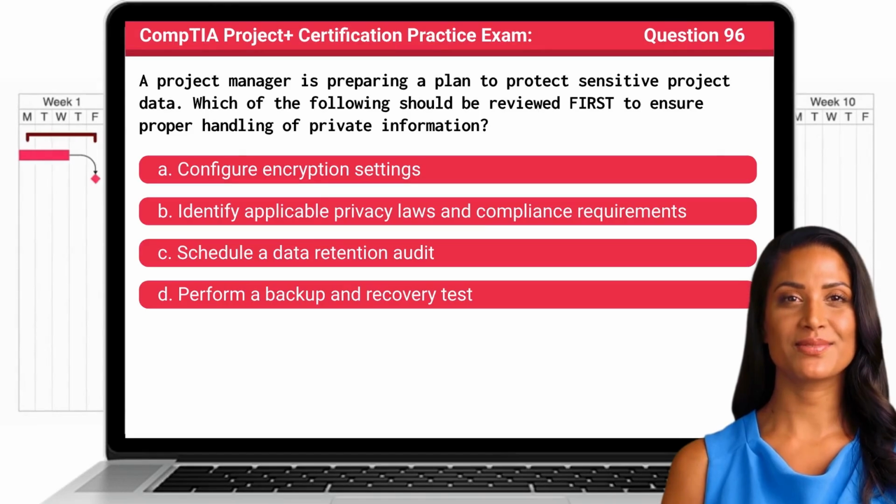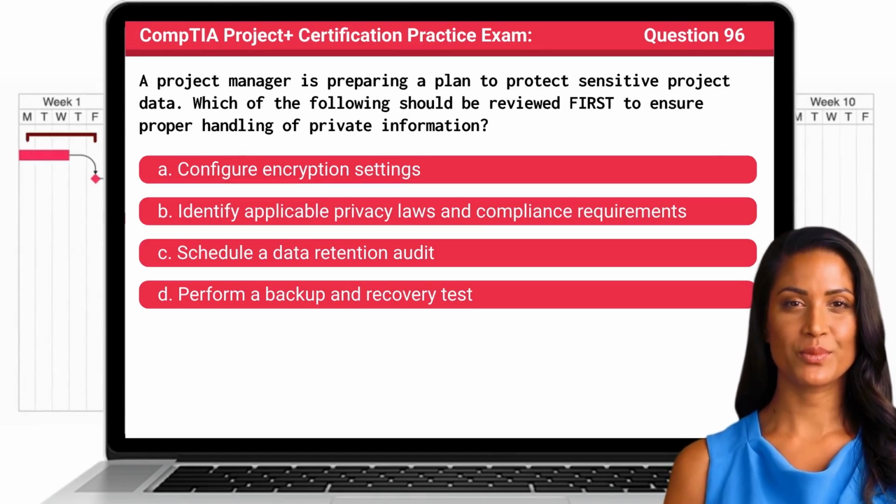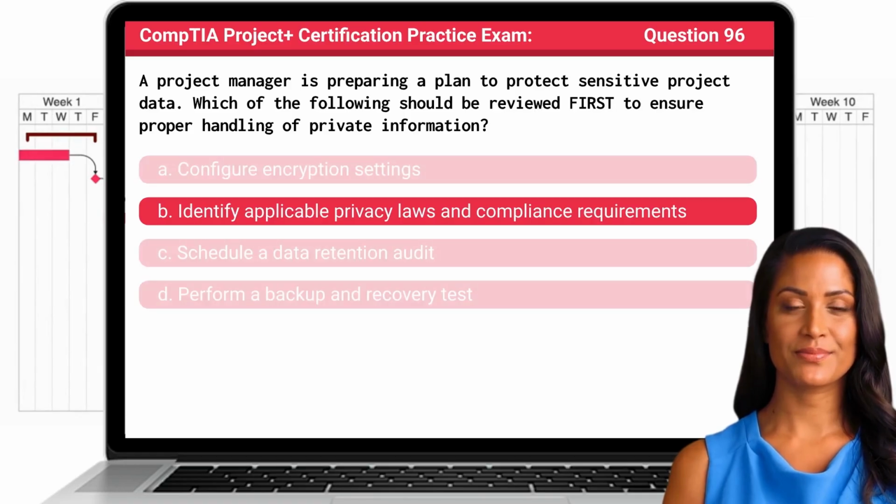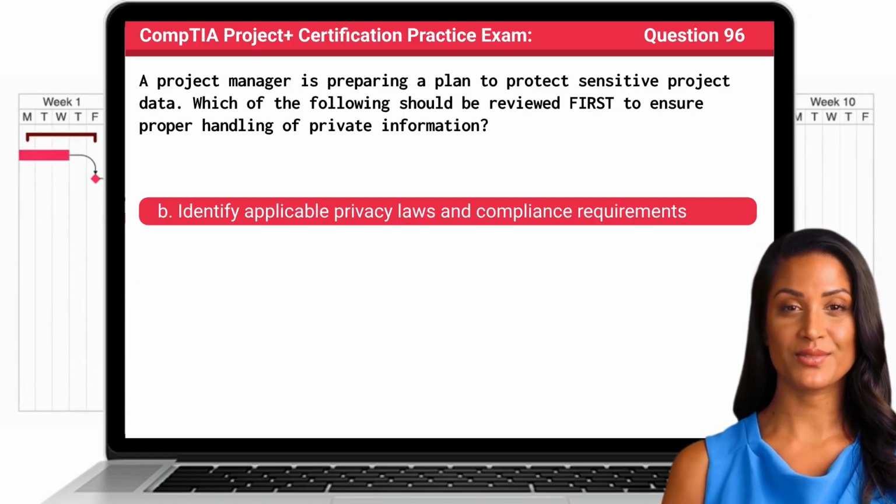Question 96. A project manager is preparing a plan to protect sensitive project data. Which of the following should be reviewed first to ensure proper handling of private information? The answer is B. Identify applicable privacy laws and compliance requirements.